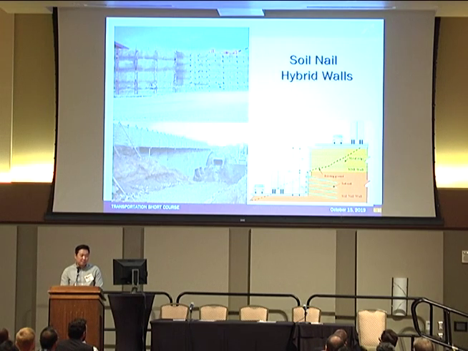If the existing ground is located somewhere between the midpoint of the top and the bottom of the retaining wall, in this case you want to consider the hybrid retaining wall. Basically, you build a fill retaining wall on top of the soil nail retaining wall.